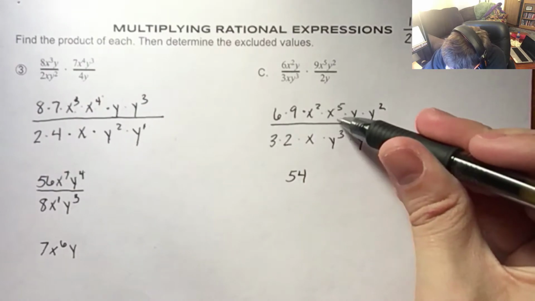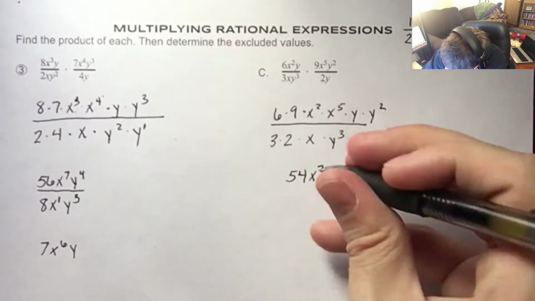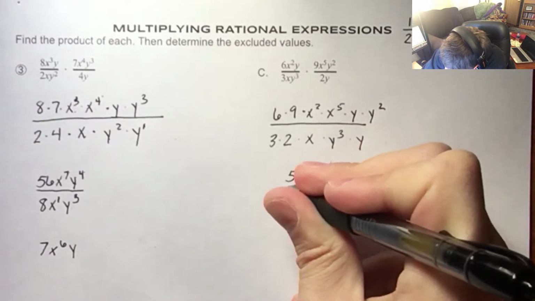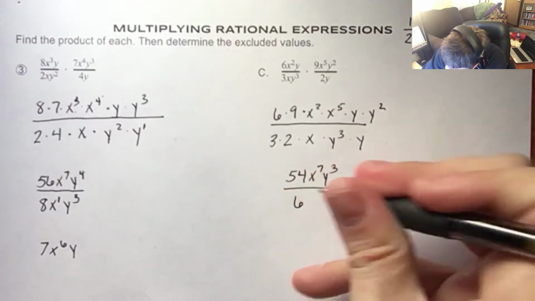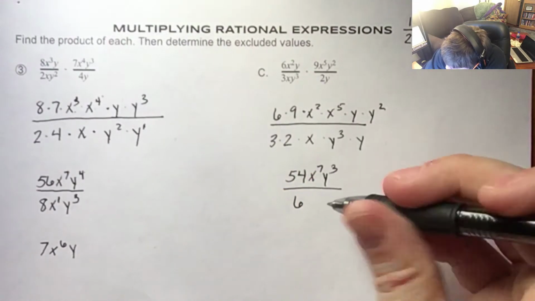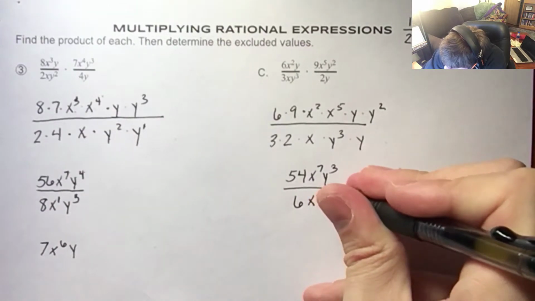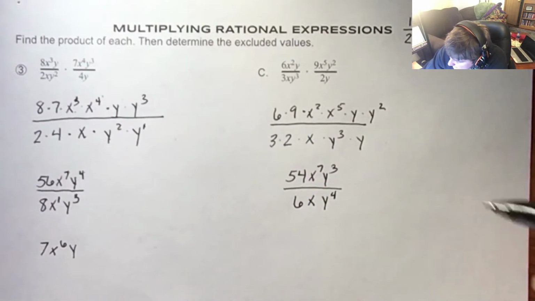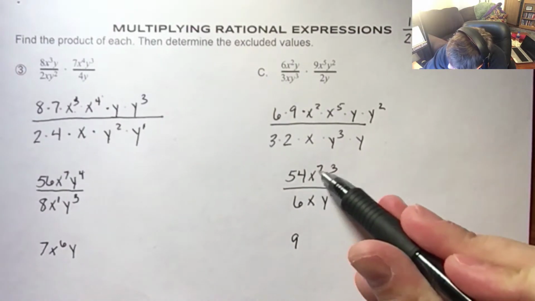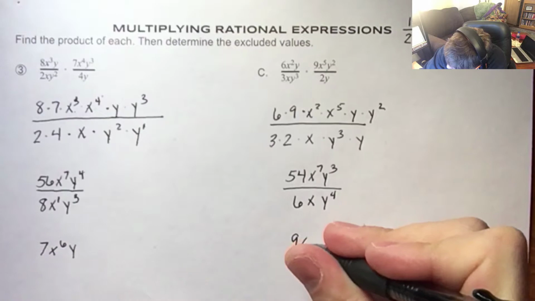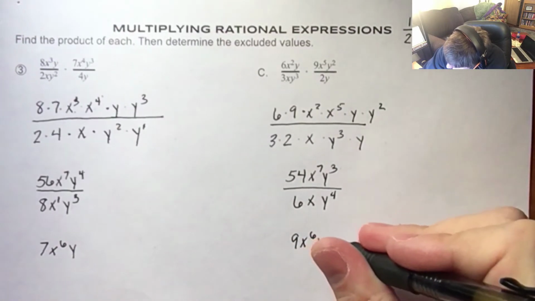X to the 2nd times x to the 5th is x to the 7th. This is y to the 3rd. This is 6. This is just x. And this is y to the 4th. So 54 divided by 6 is 9. X to the 7th divided by x is x to the 6th. Y to the 3rd divided by y to the 4th is y to the negative 1st.